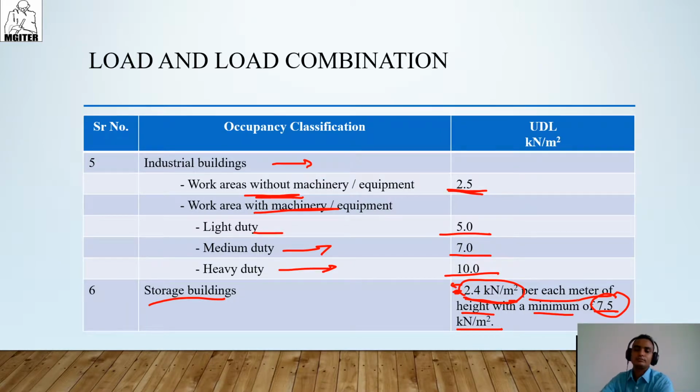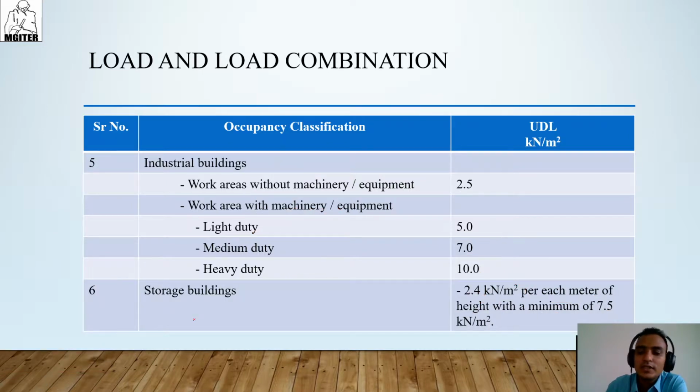Understood? If the value we get by multiplying 2.4 with the height is lesser than 7.5 kN per meter square, we will take the live load as 7.5 kN per meter square.